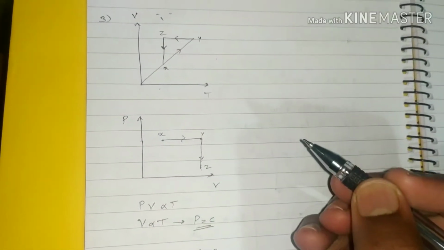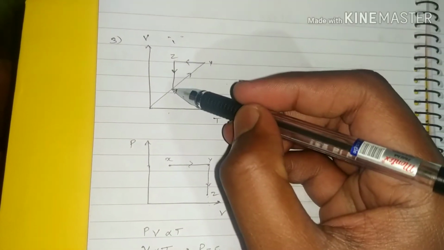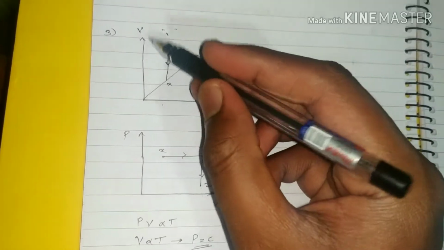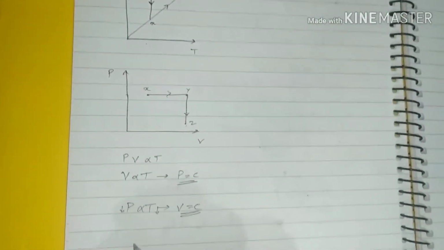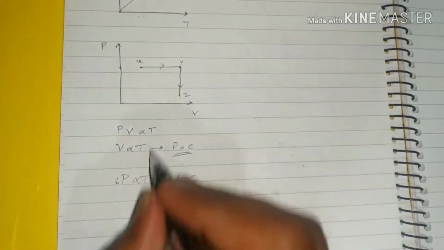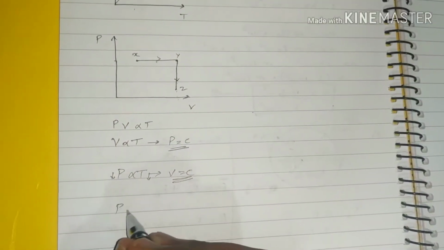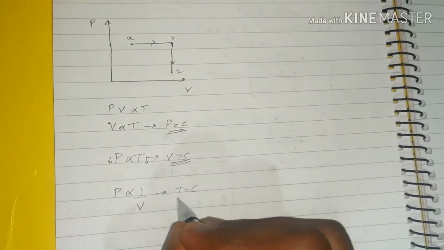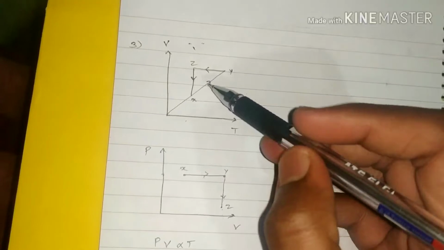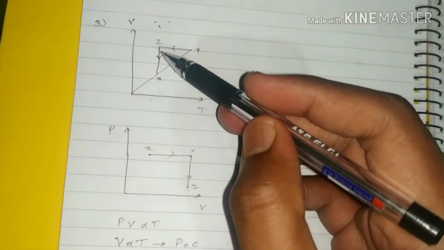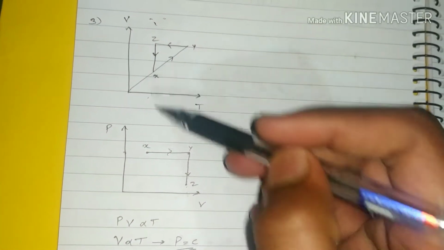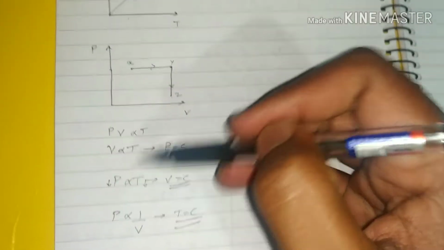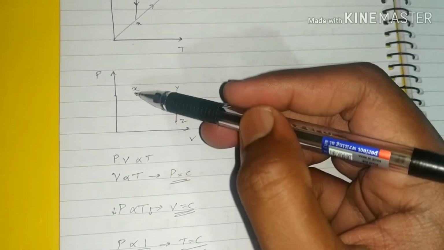These are the directions. Now if you will see from z to x, you can see that the temperature is maintained constant and the volume is decreased. Here, when PV is proportional to T, if temperature is maintained constant, I shall say that P is inversely proportional to V. So if the volume is decreased, since pressure and volume are inversely proportional to each other, with the decrease in volume, the pressure shall increase.